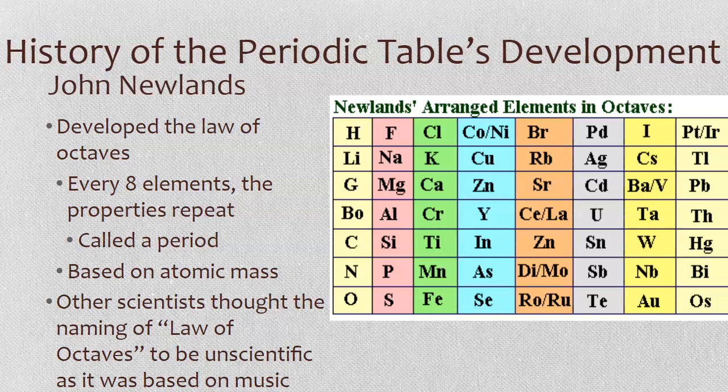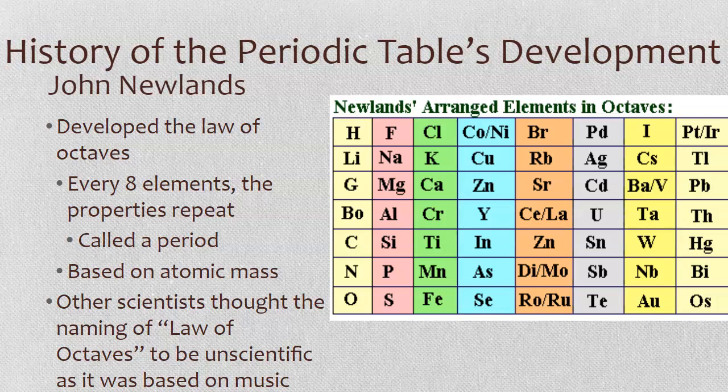John Newlands noted that every 8 elements, the properties repeated. So if you look across the periodic table, not including the transition metals, you'll notice that there are 8 columns of representative elements: columns 1, 2, 13, 14, 15, 16, 17, and 18. These are called the representative elements because they basically represent the expanse of the periodic table.